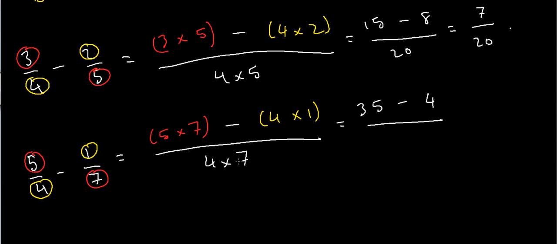And we divide that by 4 times 7, which is 28. So now we've got 35 minus 4 on the numerator. 35 minus 4 is 31. And we divide by 28. And this is a fraction in its simplest form, because 31 and 28 have no common factors. They're coprime. So that's a quick way of subtracting fractions.